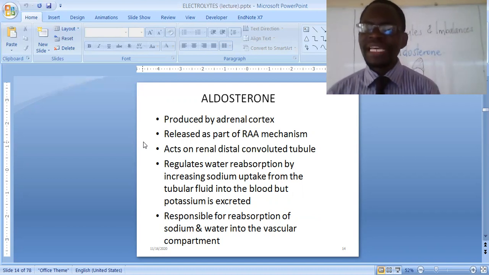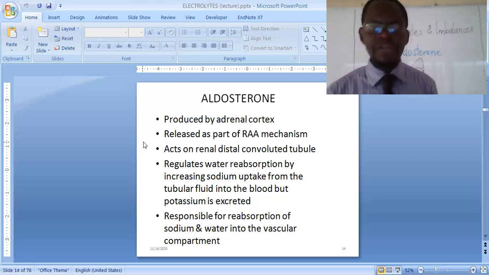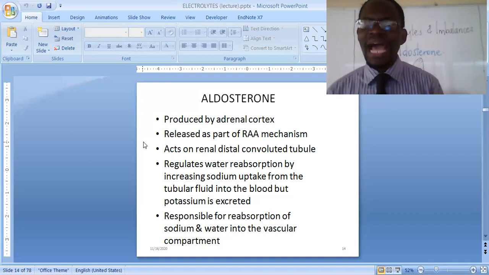And specifically, it acts at the distal convoluted tubule. Now, it is also released as part of the renin-angiotensin-aldosterone system. We shall look at what we refer to as the RAS, the renin-angiotensin-aldosterone system. But it is also released as a result of that.